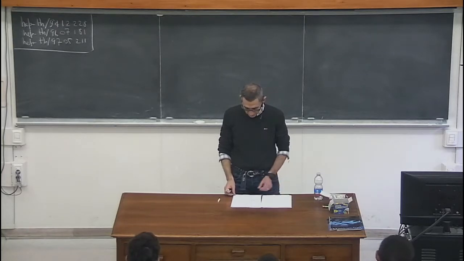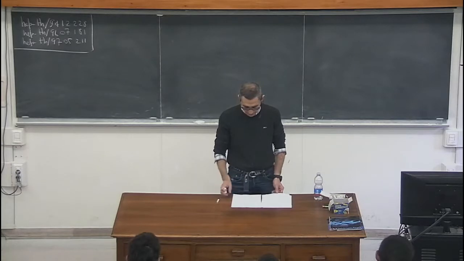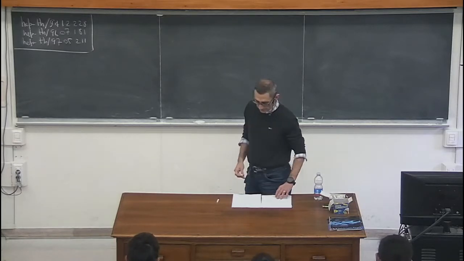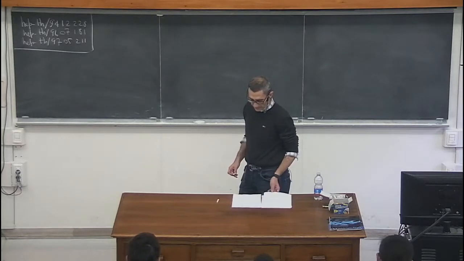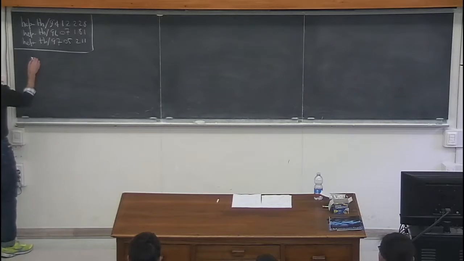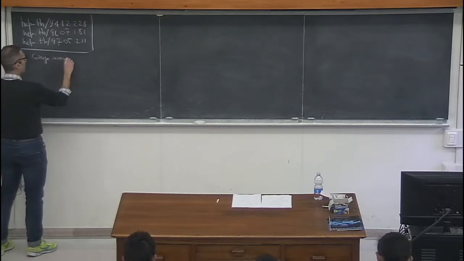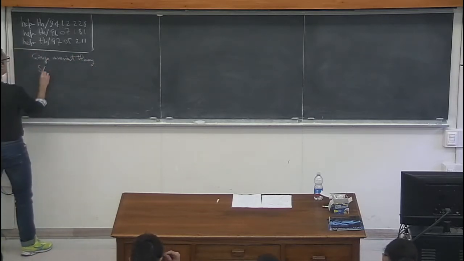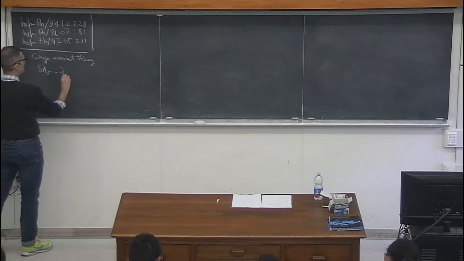Okay, so I will try to recapitulate what I did last time, and then we move to the non-abelian case. Last time we started from a gauge invariant theory. So we have the gauge symmetry, that's for the abelian case.